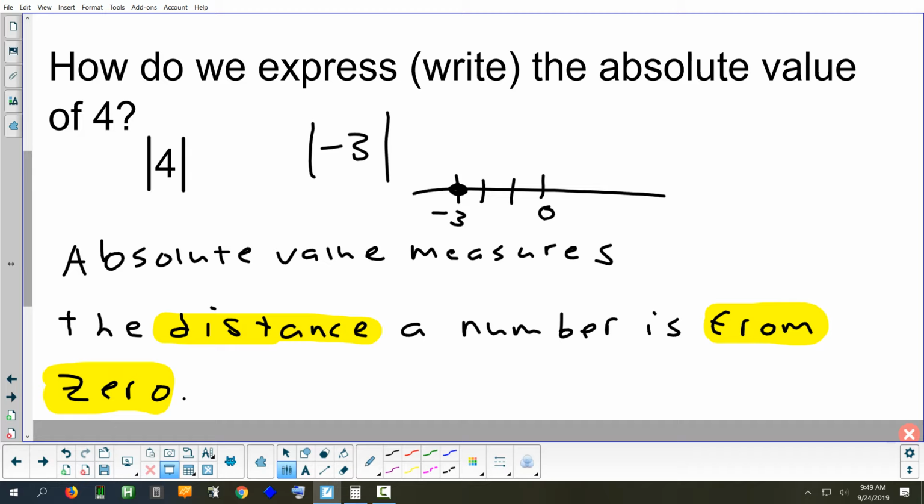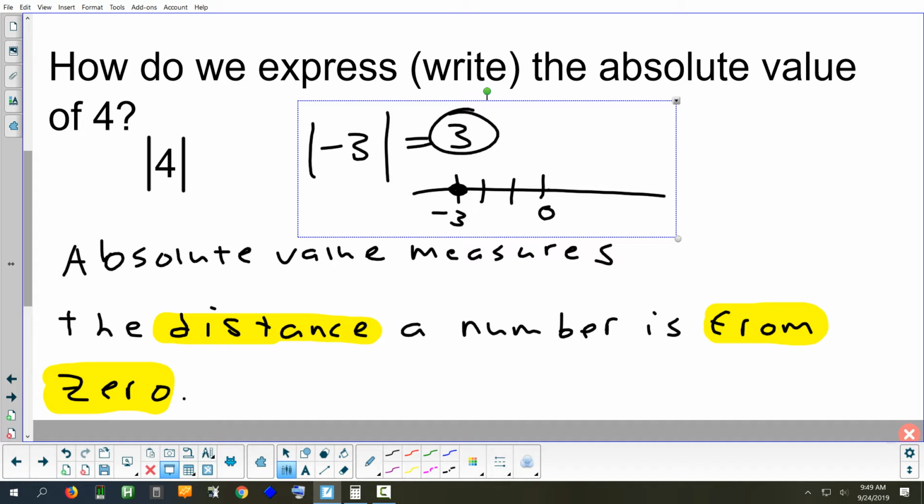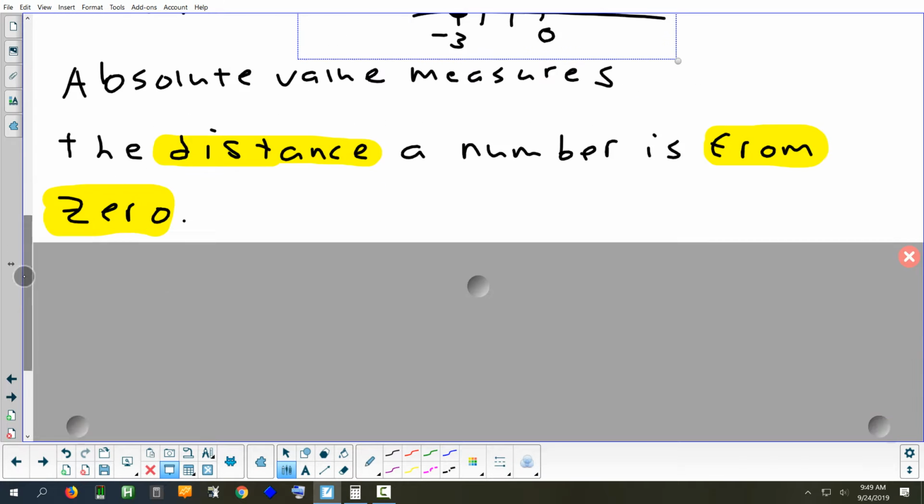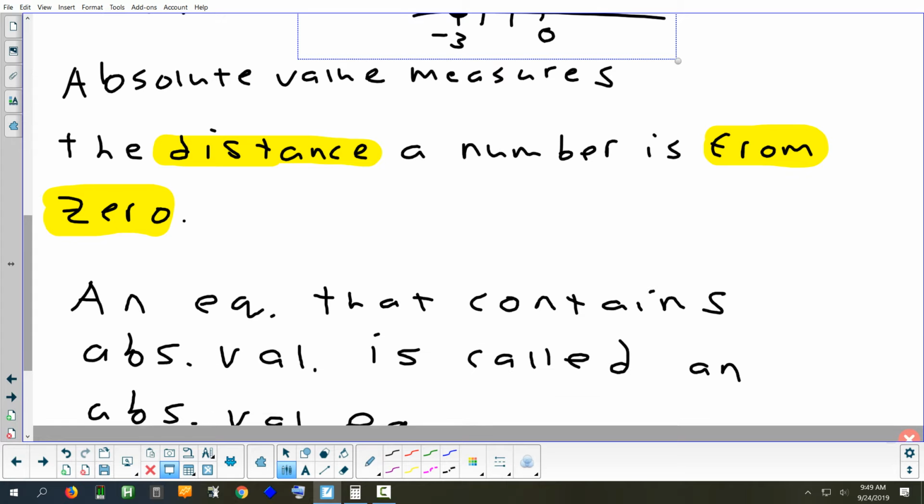How far is that dot from 0? Yeah, it's 3. It's 3 units away because it's absolute value and it's distance, which always makes it positive. Wait, so if it was the -3 in the absolute value, wouldn't that make it positive? That would make it positive.